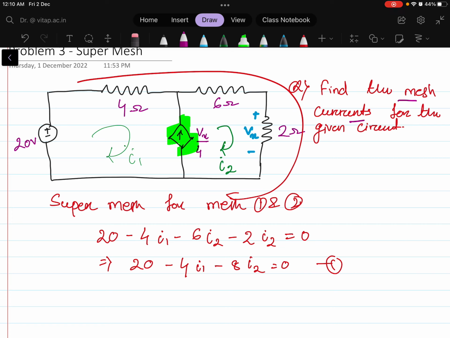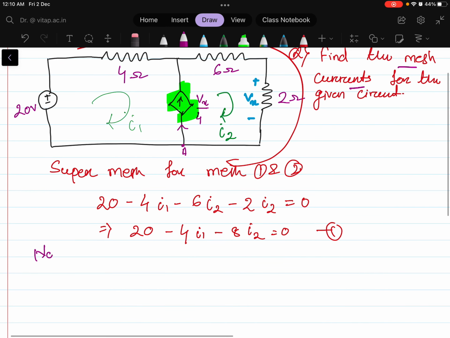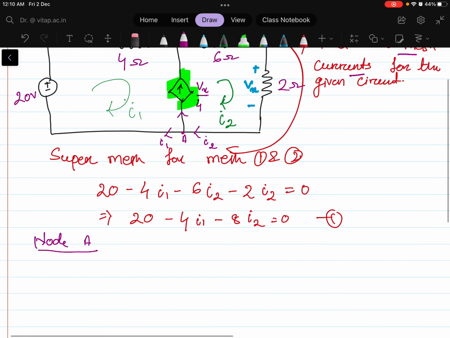So next, what is given in the circuit? What is the current flowing here? If I take this as a node, let us say node A, I can apply the KCL at node A. We know that one current is going out as I1, one current is coming in as I2, and one current is going out, and that value is Vx divided by 4, because this is a dependent source and the voltage is given like this.